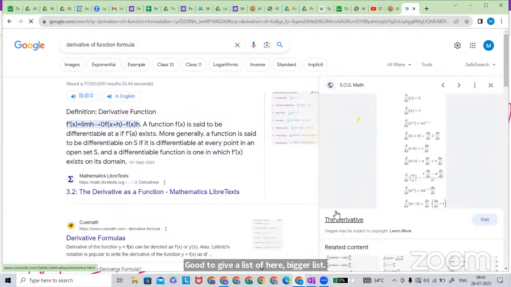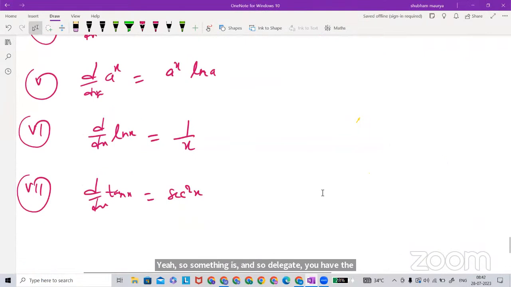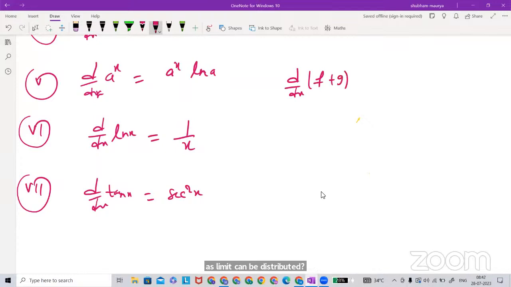Yeah, so something remains. Derivative has the same property as limit. What is the property? Limit can be distributed. So if you want to find the derivative of f plus g, that is the same as the derivative. It is also notated by prime, generally f prime.